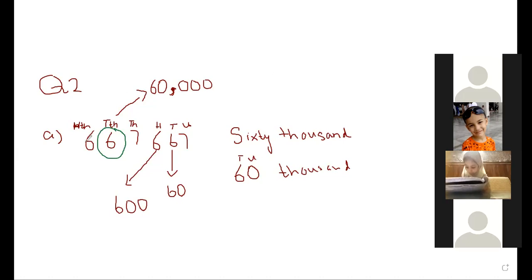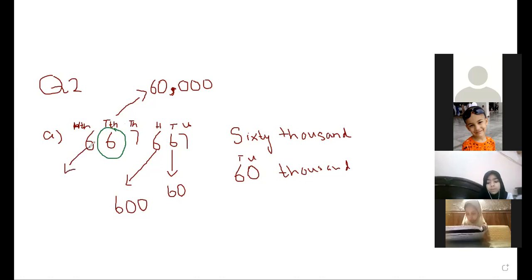Now I want to know which place value this 6 shows. First I'm going to write this 6. Then I see what I write here: 100. How many zeros am I going to write with it? 2. First I write 2 zeros of 100. Then I look at what I write with this 100: 1000. So I write the zeros of 1000. How many zeros are in a 1000? 3.